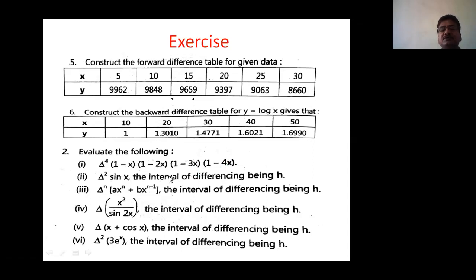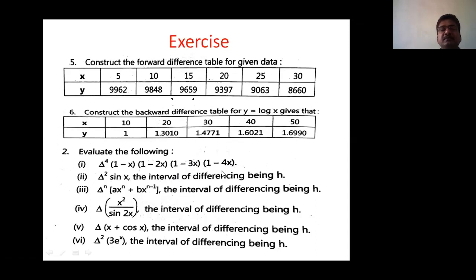So x^4 is the first term of the multiplication of these 4 brackets. Then the next terms are some constant into x^3, some constant into x^2, and so on. But delta raised to 4 of the first term is 24: delta^4 of x^4 is 4 factorial. So the answer of this problem is 24, that is, 4 into 4 factorial.